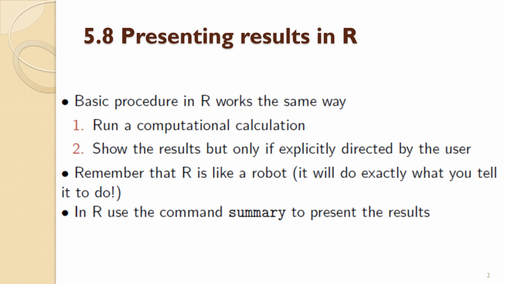So in the first instance, what you have to do here is get it to run a model, here a linear mixed effects model, and then in the second step, get it to show you the results. And in order to do this, you use the summary command as before. Now, the trick when you were looking at regression results in R is to just pick out the useful information from the output, and that's exactly what you have to do here.